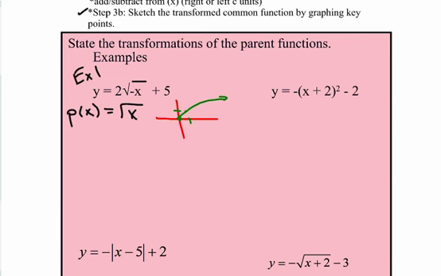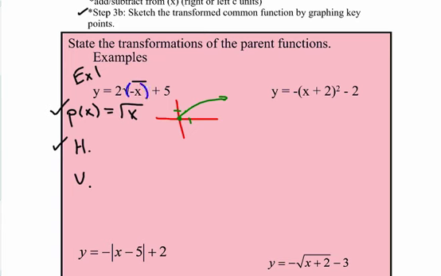Now the question is, what is happening to this parent function? Once we have our parent function, we identify next the different transformations. I separate them into horizontal transformations and vertical transformations. First, I'll look at the horizontal, and it doesn't matter what order you do this, but I'll do the horizontal because I put h first. The horizontal is what messes with the x. The x is what is inside the square root in this case.